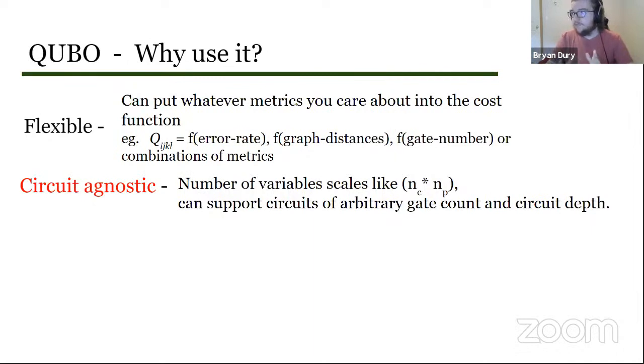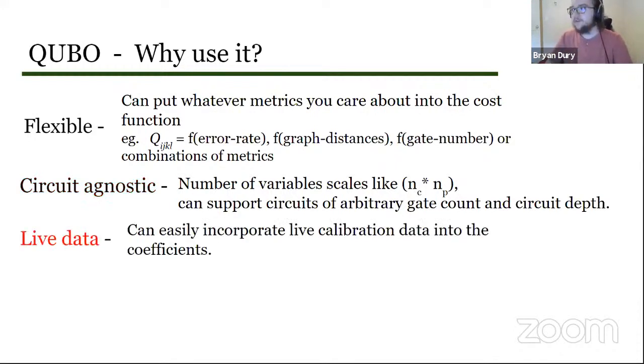At no point do we have gate dependencies slipping in here. So we can handle circuits of arbitrary gate count and therefore arbitrary circuit depth, which is quite appealing if you look at compilers like Qiskit, where as you move past the 10,000 gate range, it takes quite a bit of time to optimize those circuits and figure out what's going on.